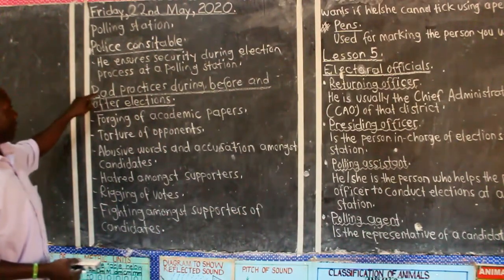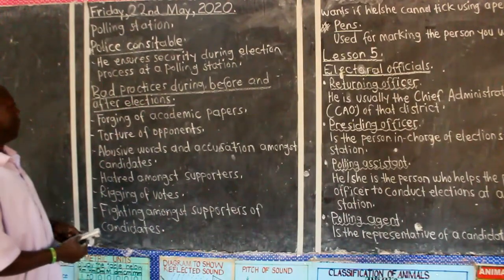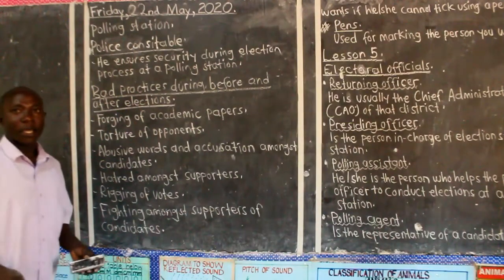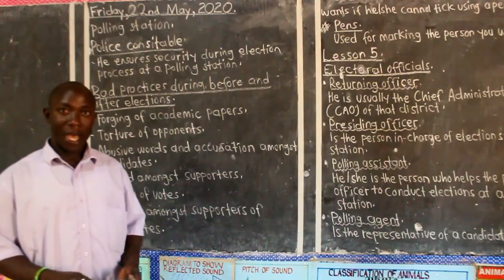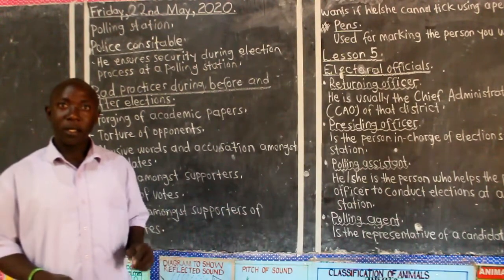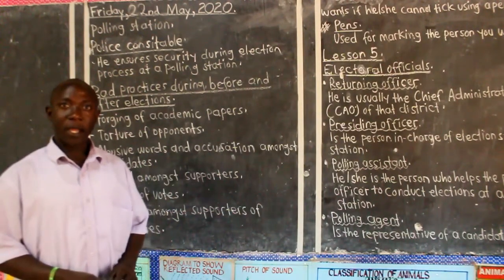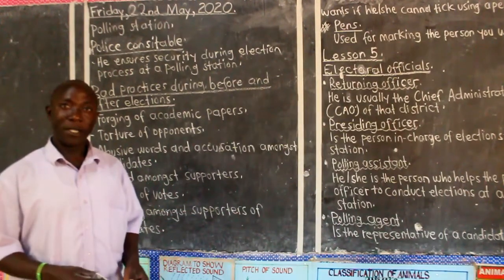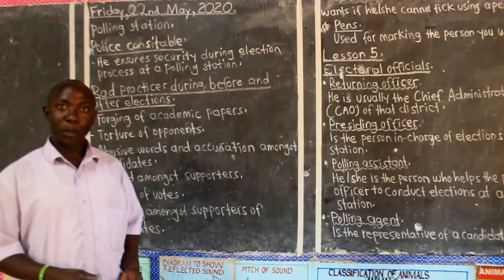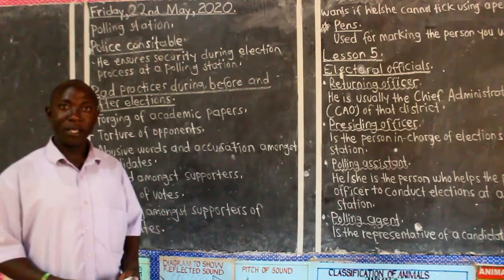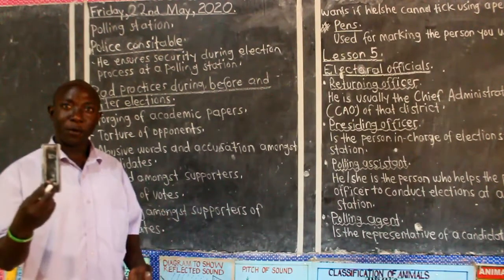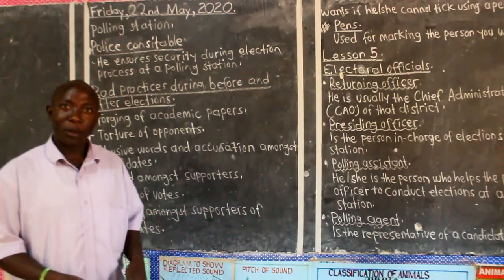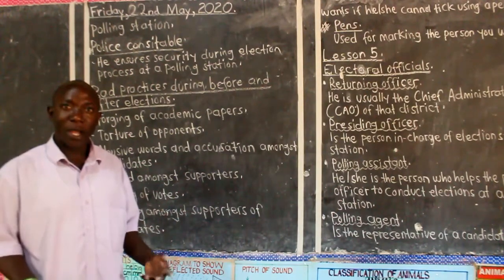So, bad practices during, before, and after elections, they are actually things which are done during the election and after the elections. Those acts are there. We see them in people. So people can even begin abusing one another. If you support whom I don't support, you begin from there abusing one another.